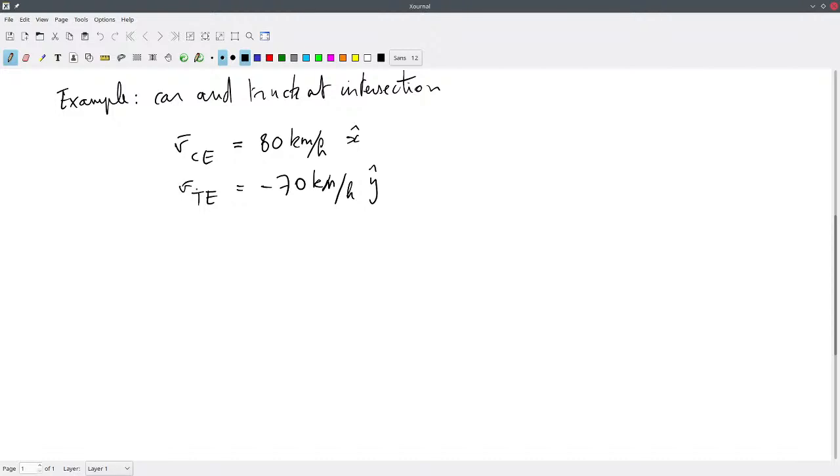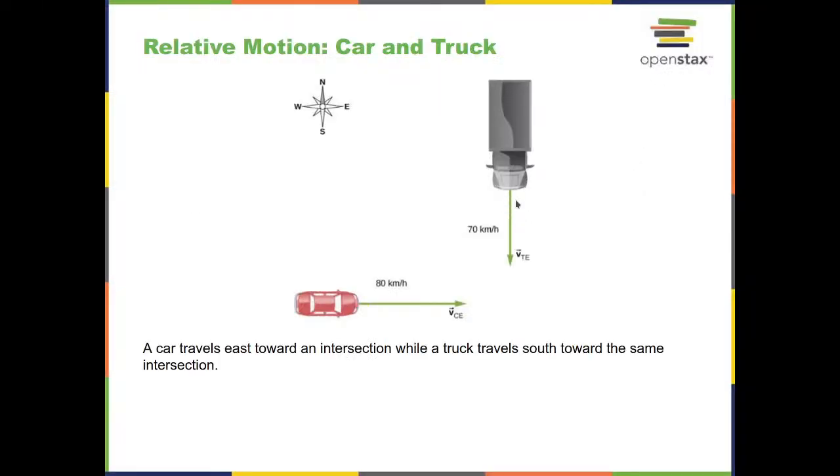One of the things we can immediately do, by the way, is also now say that the velocity of the Earth in the truck's reference frame is 70 kilometers per hour in the y direction. So if I'm sitting in the truck and I see the Earth move by, the Earth will move by in the positive y direction.